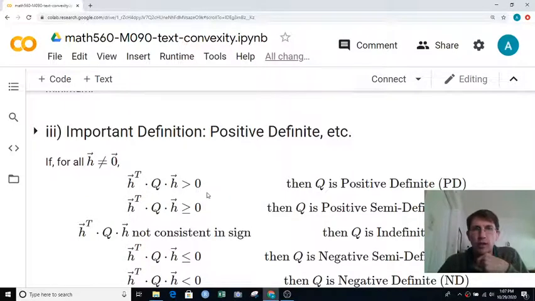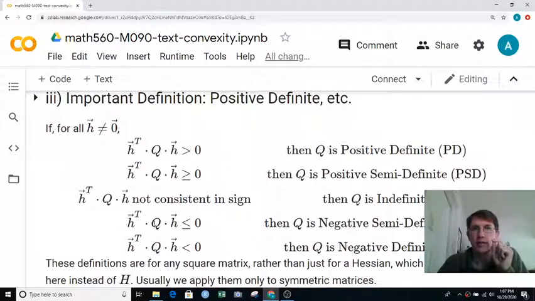It's too boring. And if the product is always negative or 0, we'll call that negative semi-definite. Purely negative, we'll call it negative definite. And if sometimes the answer is positive, sometimes it's negative, then we'll call Q indefinite. And this is true for any square matrix, but not necessarily a Hessian, but we'll usually be using it on the Hessian. Usually we'll only apply it to symmetric matrices too.